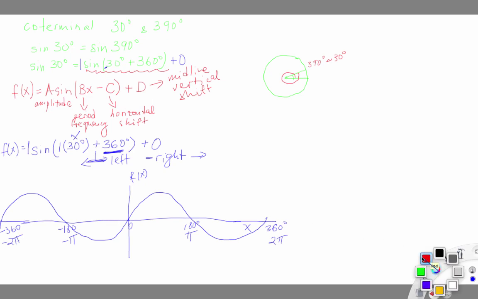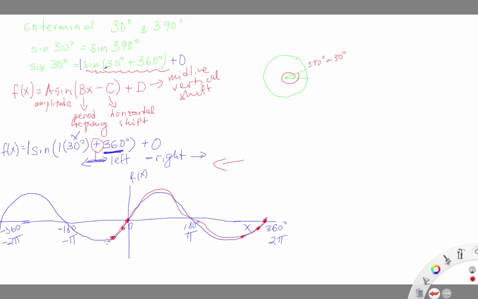Now, I'm shifting left because I have a plus sign in front of my coefficient. I'm going to shift every point by 360 on the x-axis. So this point is going to go all the way down here, 360. This point over here is going to shift all the way here. This point over here is going to shift all the way here. You guys are getting it. We're going to end up with a new function. But guess what?